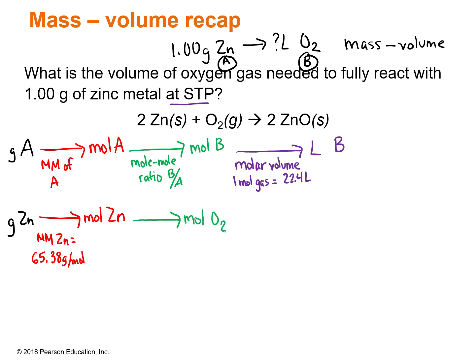We get to moles of oxygen gas using that ratio. So always remember to assign your A and B, and that'll make finding the mole ratio a lot easier.